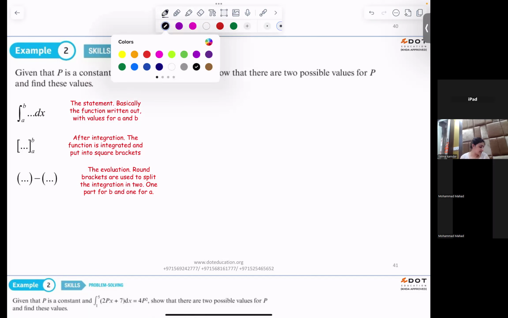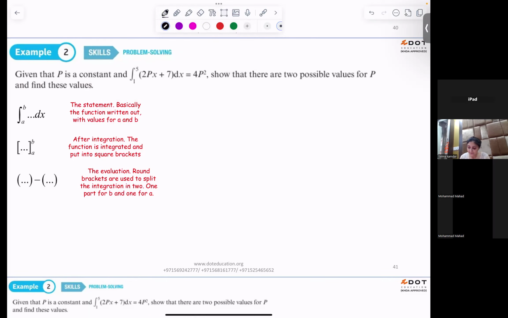So we will solve for p. What is our first step? We need to write everything in indices form. We need to see if it's in indices form. It's there in the indices form. We wrote the question out. Then we are going to integrate this in our box brackets. I will have my b, the upper limit, and the lower limit written like this.